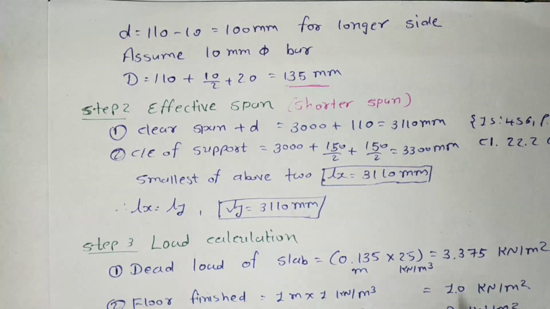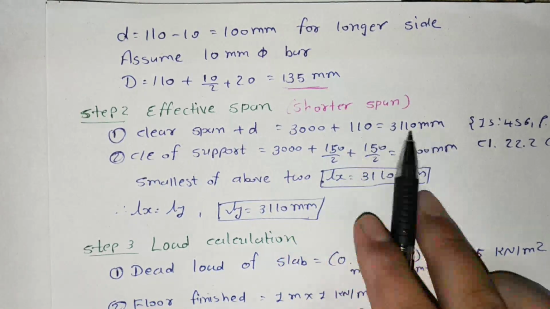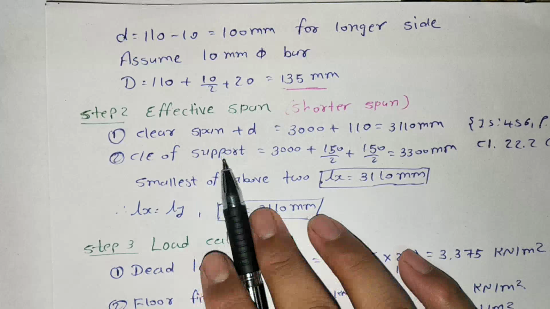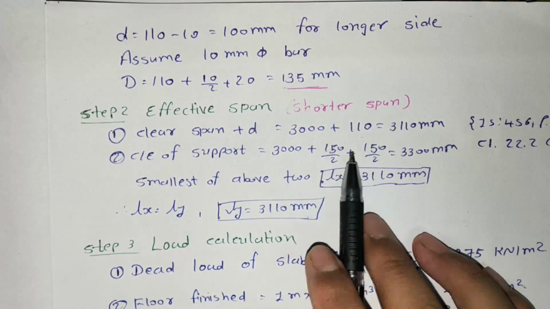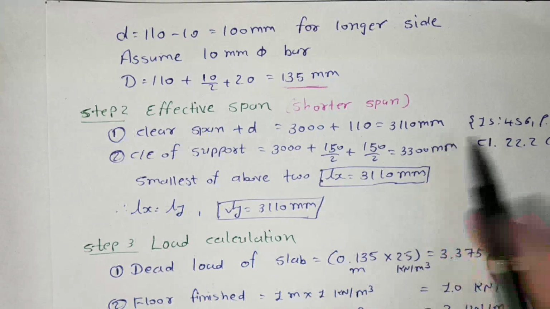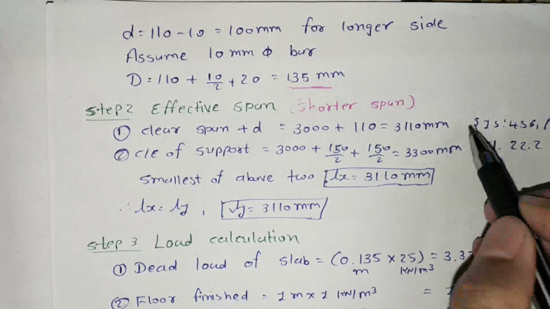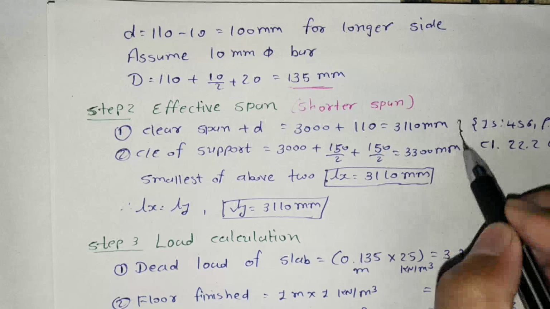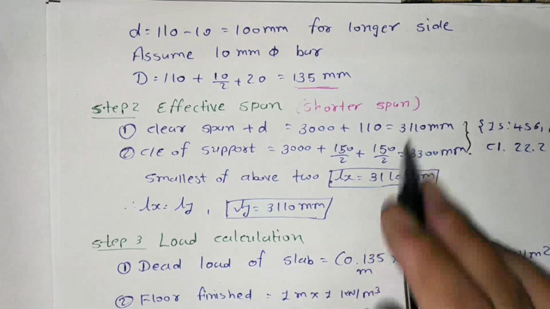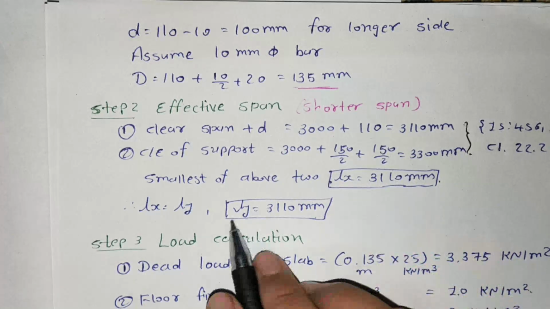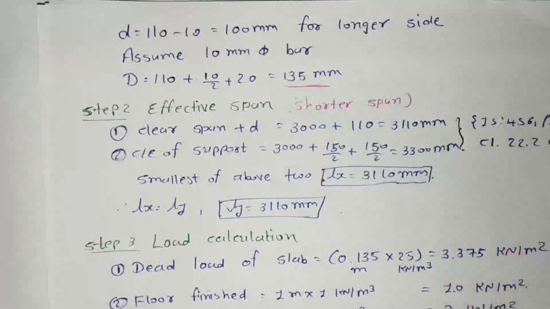So this is clear span 3000 plus 110, 3110, and second center to center support 3000 plus support total width divided by 2 and total width divided by 2. Then we require the smaller of the two, so we get Lx is equal to 3110 mm. In a similar way Ly is equal to 3110 mm.